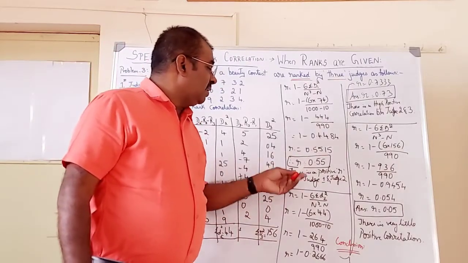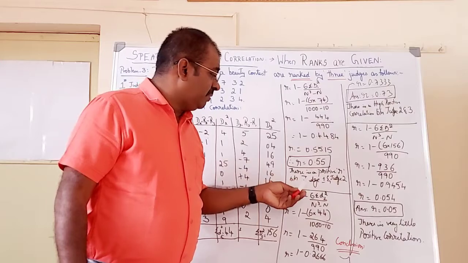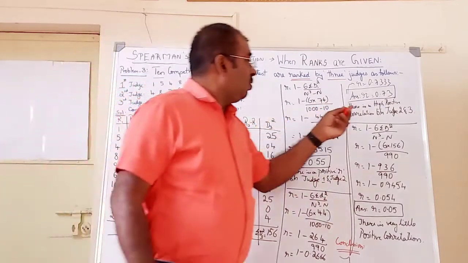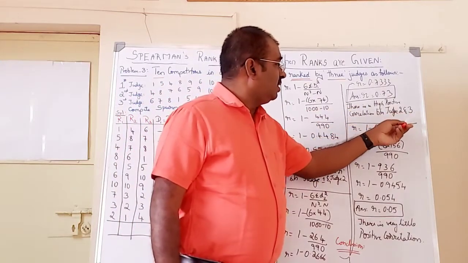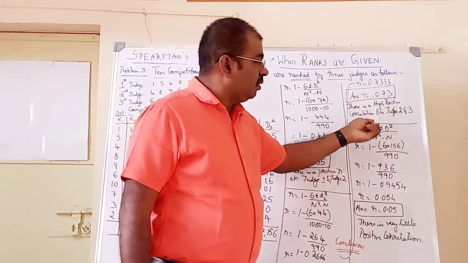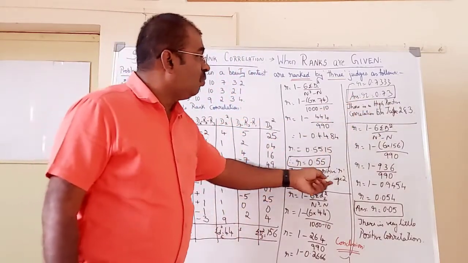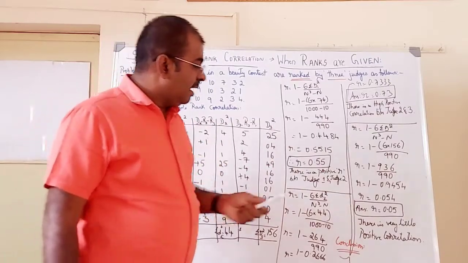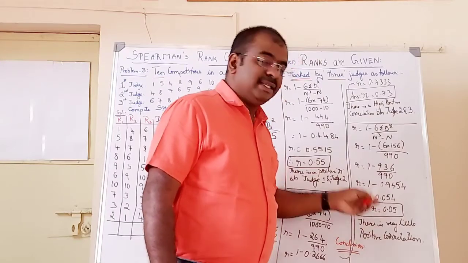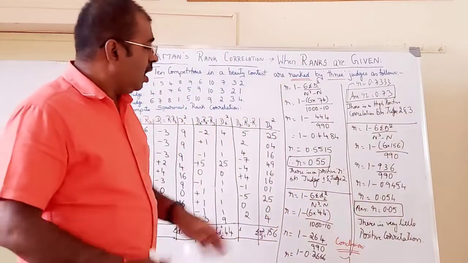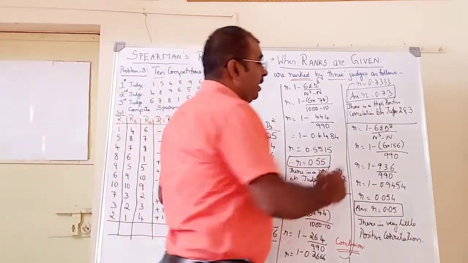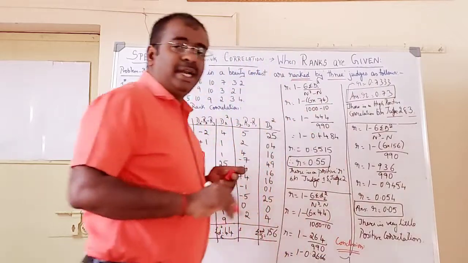In the first case, the rank correlation between judge 1 and judge 2 is 0.55. The correlation between the second judge and the third judge is 0.73, which means they are more closely related than judge 1 and judge 2. And if you take judge 3 and judge 1, their correlation is very less. Therefore, out of these three correlations, the highest correlation is between judge 2 and judge 3.